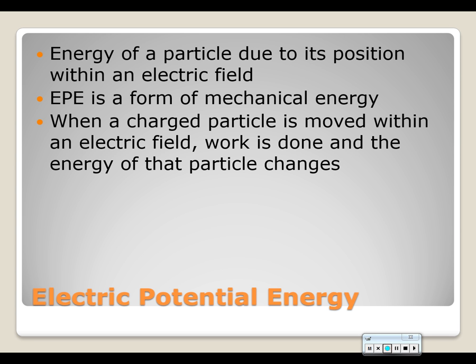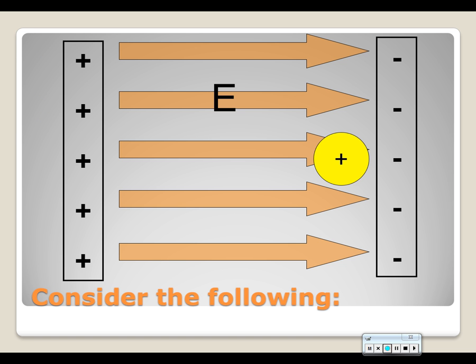Here is a picture that you have. Yesterday, we talked about electric field lines. We said field lines are arrows. Electric field lines specifically point where? To the negatives and away from the positives.